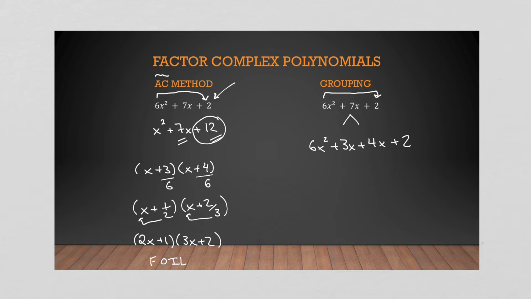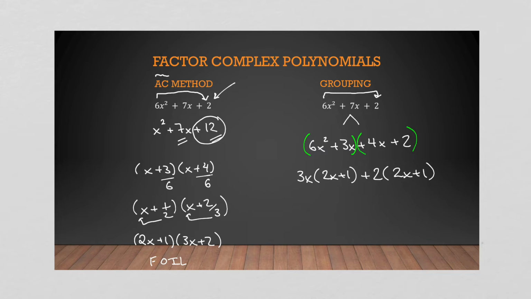So for factor by grouping, we're at the point you see on the right there, and then we group the first two terms together, we group the second two terms together, and we factor out a common factor. So from the first two, the common factor is a 3x, and we're left with 2x plus 1. And then from the second two, the common factor is a plus 2, and we end up with 2x plus 1.